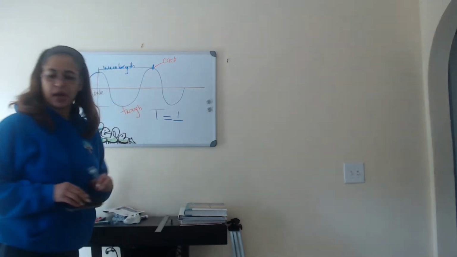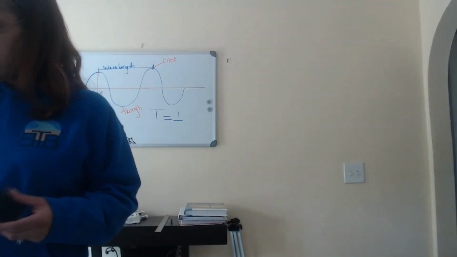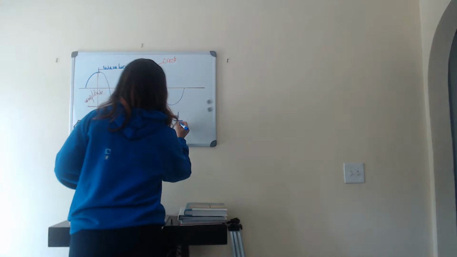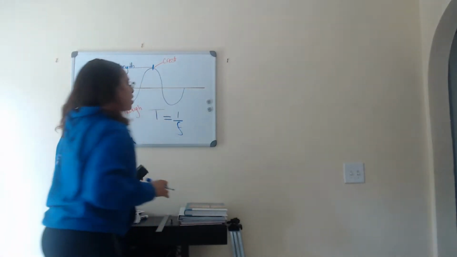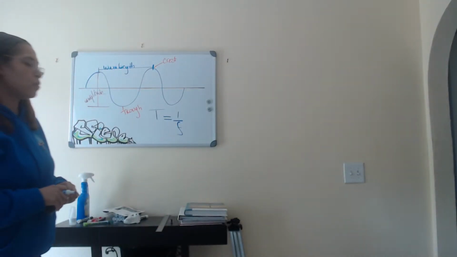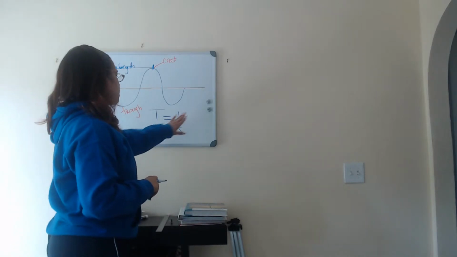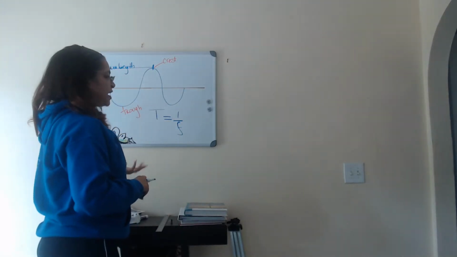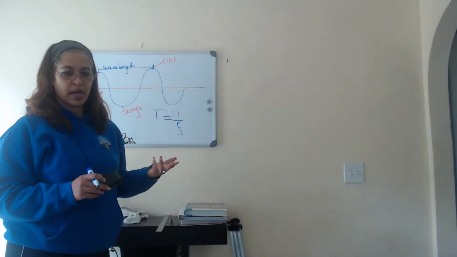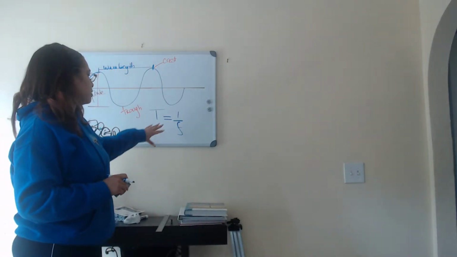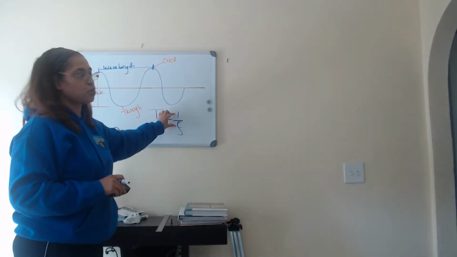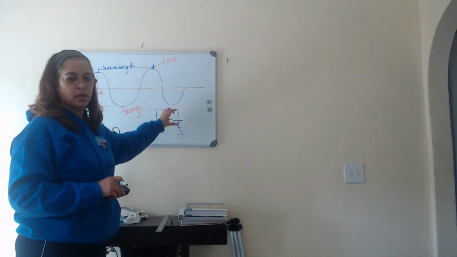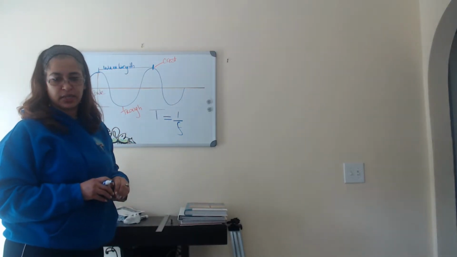I'm getting ahead of myself, I apologize. So 1 over the frequency. Okay, so time is equal to 1 over the frequency. The faster it's moving, the greater the frequency, the shorter the time span. That's basically what that translates to.